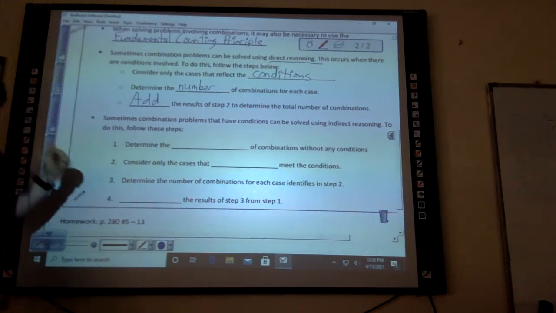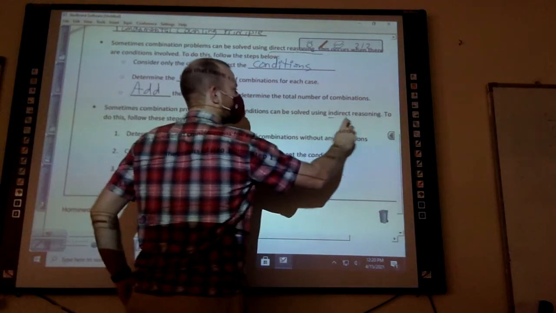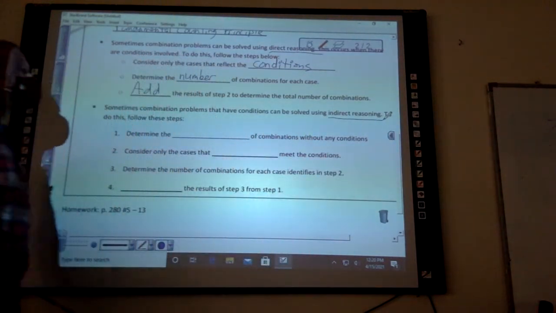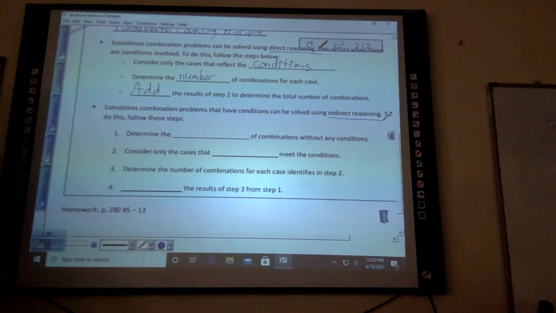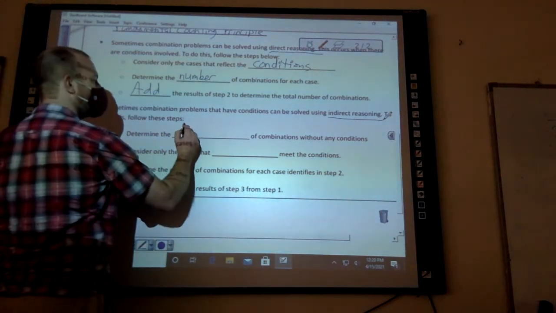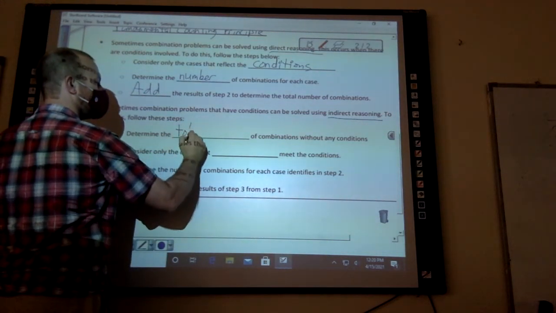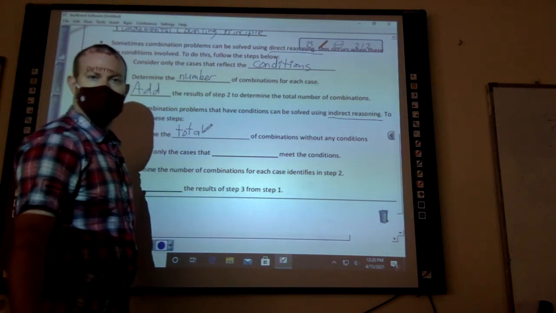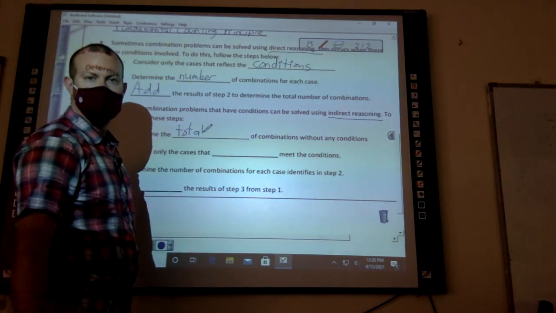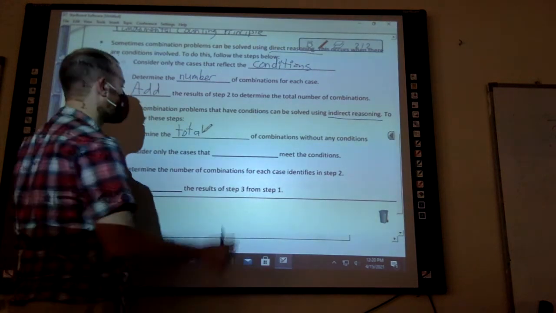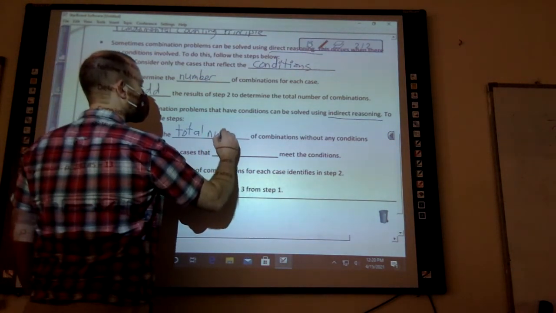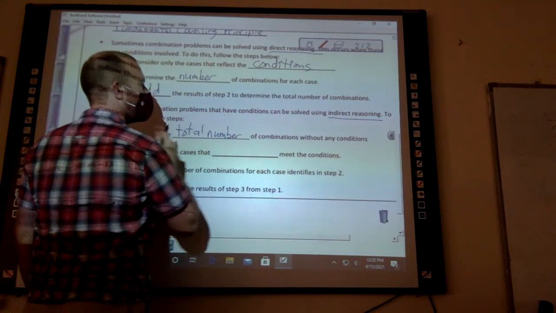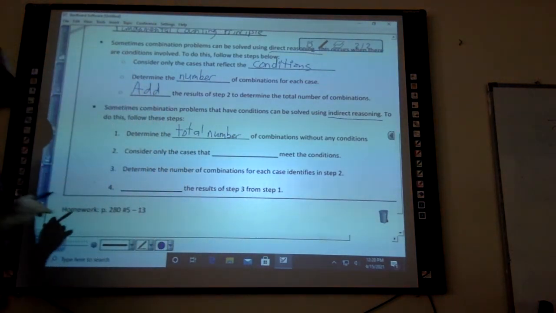Another way that we could do is what's called the indirect reasoning. And I can show you with the example above what that looks like. So to do that, determine first the total number of combinations without any conditions.